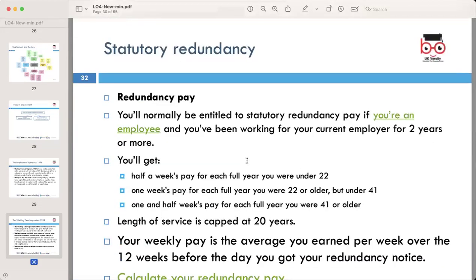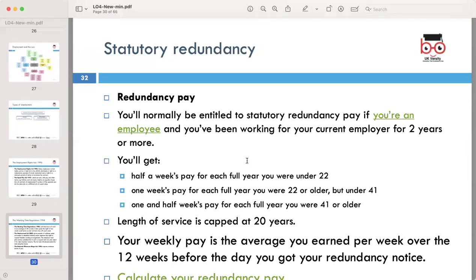Statutory redundancy. When it comes to redundancy, eligible employees with 2 or more years of service with their current employer are generally entitled to redundancy pay.